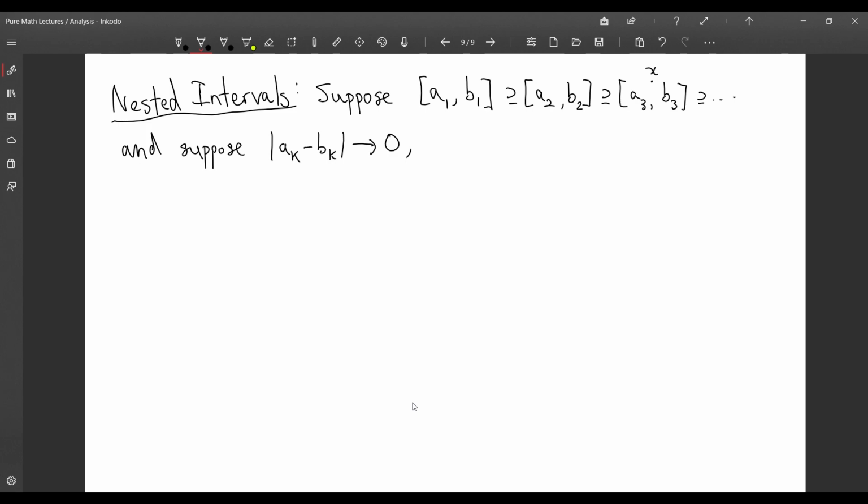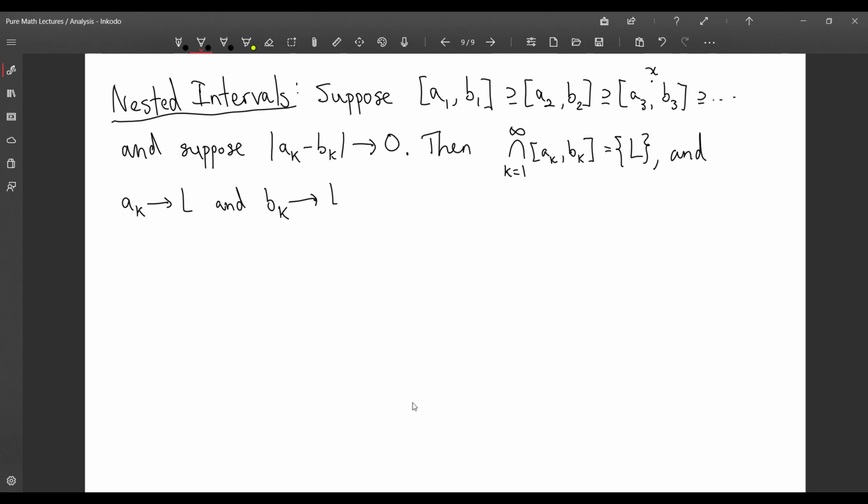Then the intersection of these closed intervals is equal to a single point set containing L, and a sub k converges to L, and b sub k also converges to L.